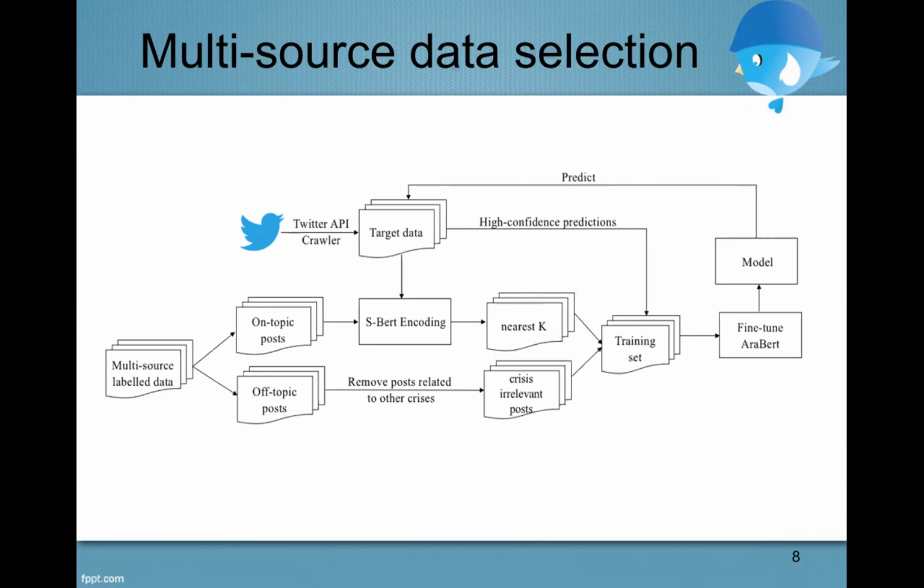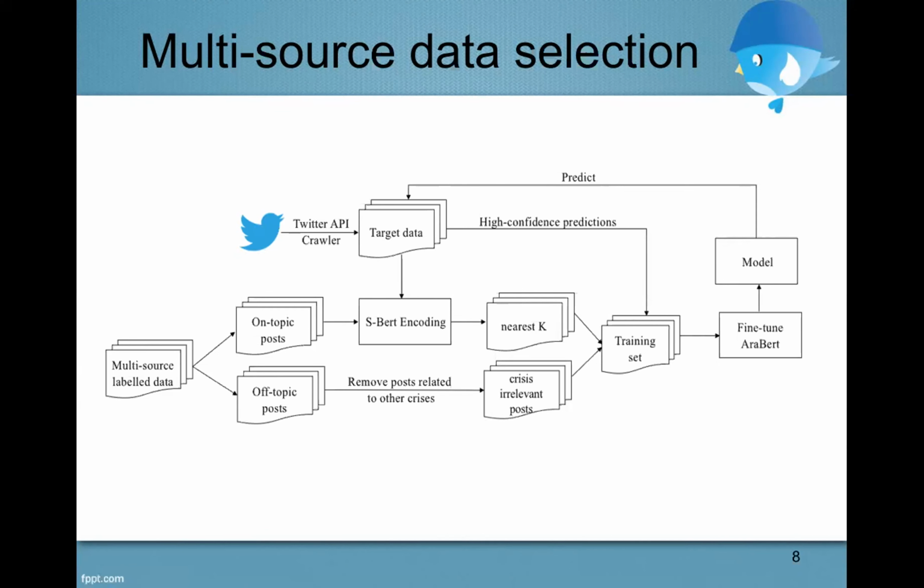For the off topic, we found that some of them are related to other crises. We filtered out all of these from the training data. And as we said, we perform our selection only on the on-topic posts. We use the k-nearest neighbors algorithm, an instance-level approach, to choose the most relevant or most similar data.